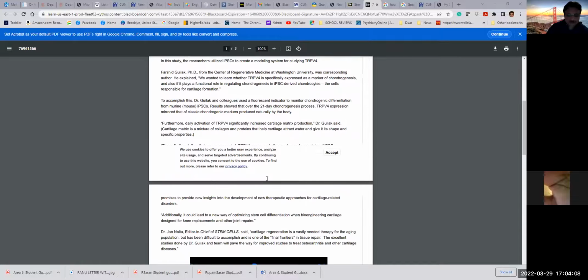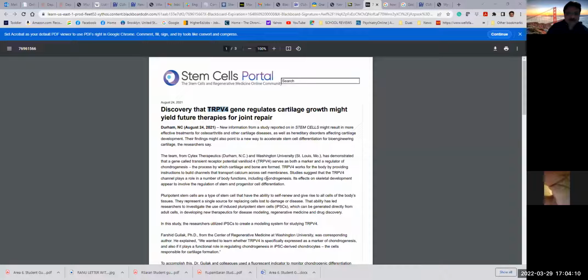This is one of the latest publications, published on August 24, 2021. The TRPV4 gene is essential for the development of cartilage, or cartilage growth.